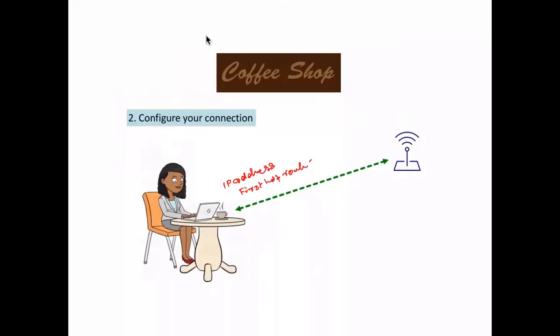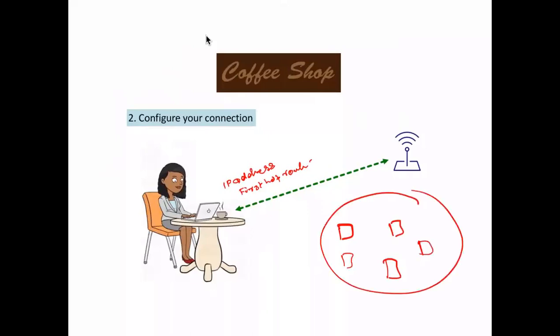In order to go to the outside world, she has to send the packet to a particular node. Suppose there are multiple nodes in the LAN. Her laptop is here, and this is a router, and from there the outside world is connected. So she has to know the Ethernet address or IP address of this.